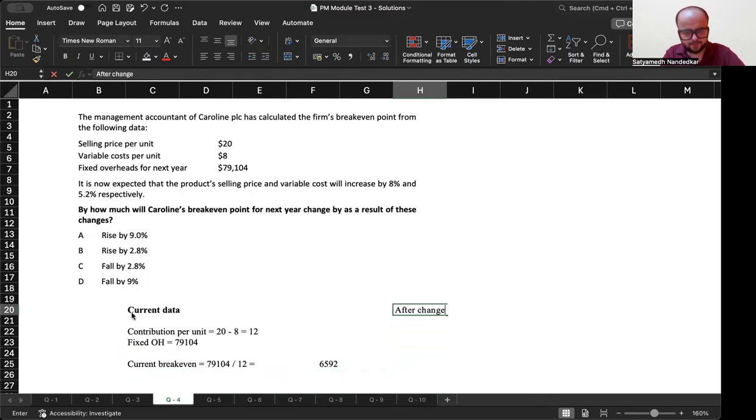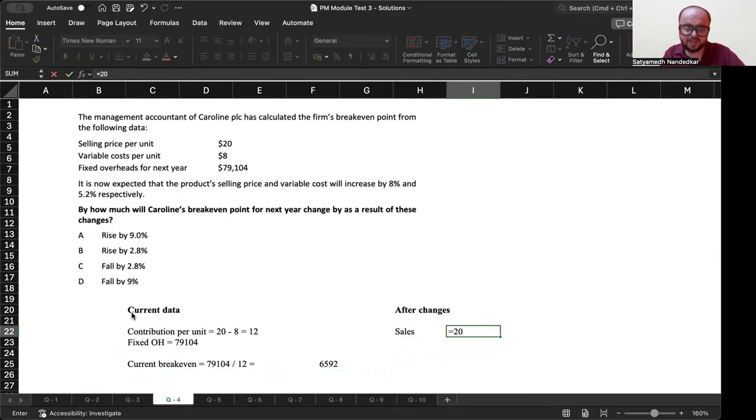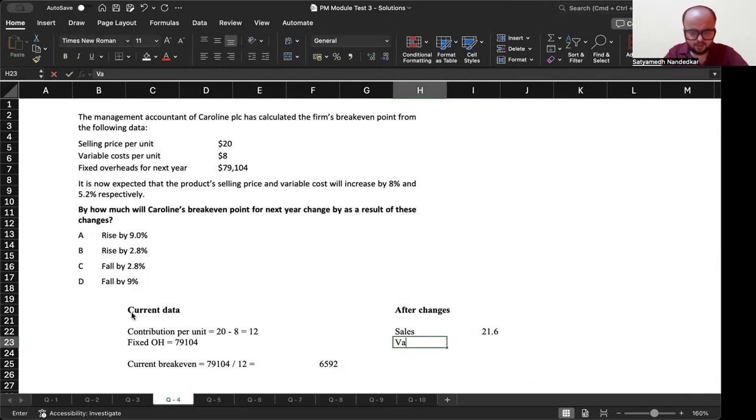After changes, what is the sales now? Currently your sales is 20 and the question is saying that selling price is increasing by 8%. So plus 8%, and variable cost.